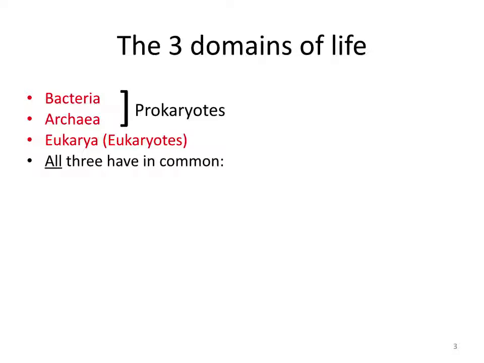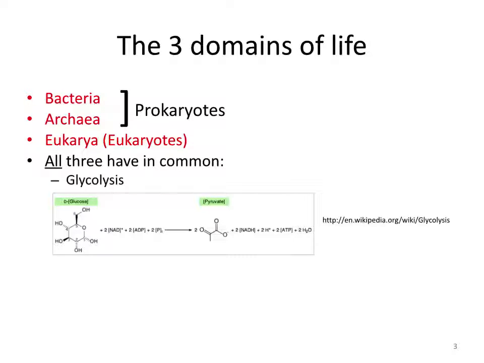As we've talked about before, all of these three have glycolysis, the metabolism of glucose to pyruvate, releasing ATP, and this evolved from a common ancestor. So the common ancestor to all three domains, to all cellular life on Earth, had glycolysis. They share a common DNA replication mechanism.